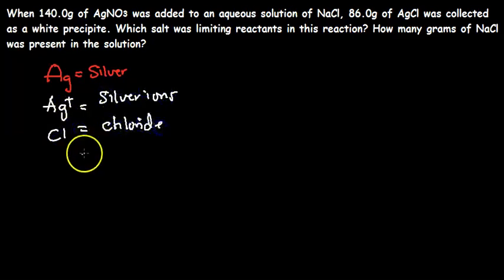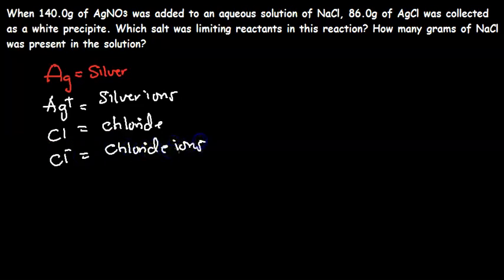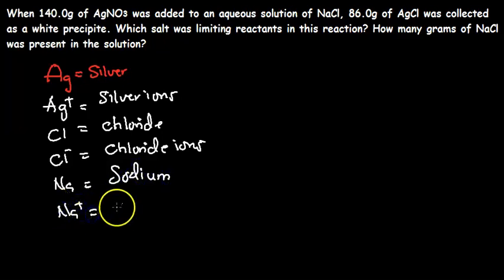What about Cl minus? This is simply going to be chloride ions. What about Na? This is sodium. What about Na positive? This is going to be sodium ions.